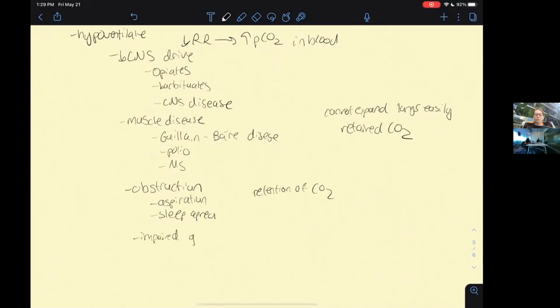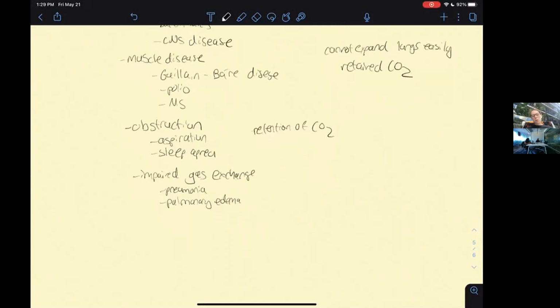So all your fun lung diseases that you've learned about, like pneumonia, pulmonary edema can also cause it, COPD and ARDS, your acute respiratory distress syndrome can all cause impaired gas exchange in various different ways. I'm not going to go through them today because you probably had enough of that.